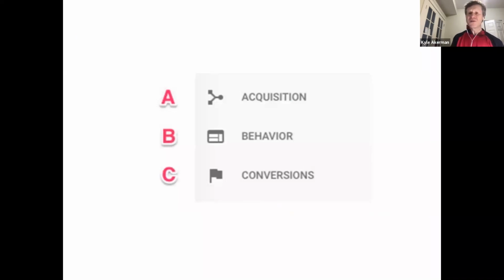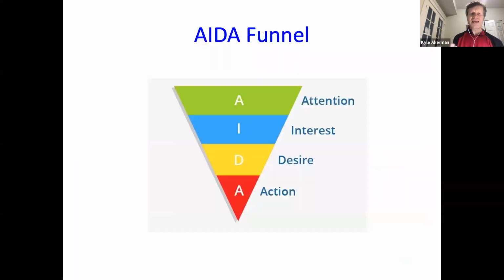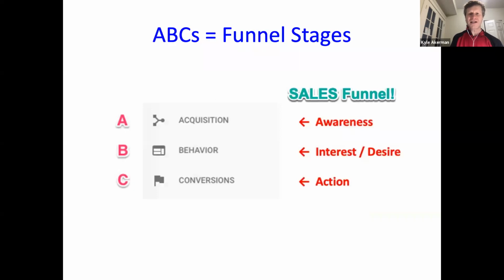This is just a zoomed-in view of that. Now, they're trying to help you understand a funnel, your marketing funnel. So say we're looking at the AIDA funnel, which is one of the more popular ones. You may not know this, but Google tries to map their reports to the sales funnel. So this is kind of how it looks.